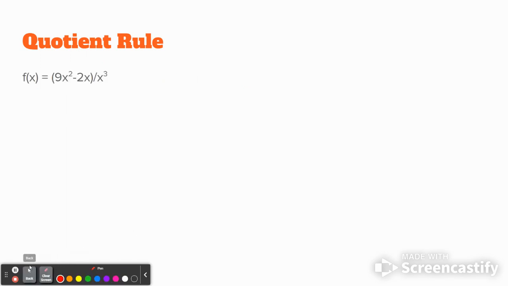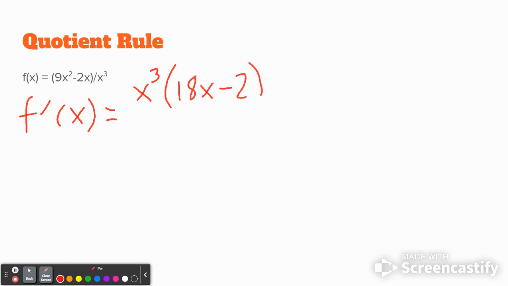So an example, if this was the function, then f prime of x, we could sing the song: low d high, so that would be x cubed, d high, that would be the derivative of the numerator, so that would be 18x minus 2, and then minus high d low, so we just rewrite the numerator, 9x squared minus 2x, times d low, the derivative of the denominator, which would be 3x squared.